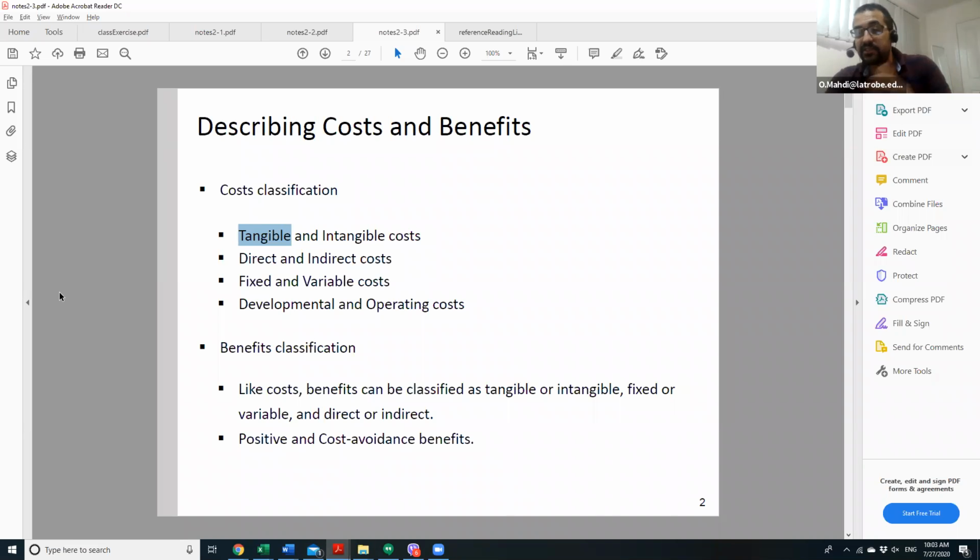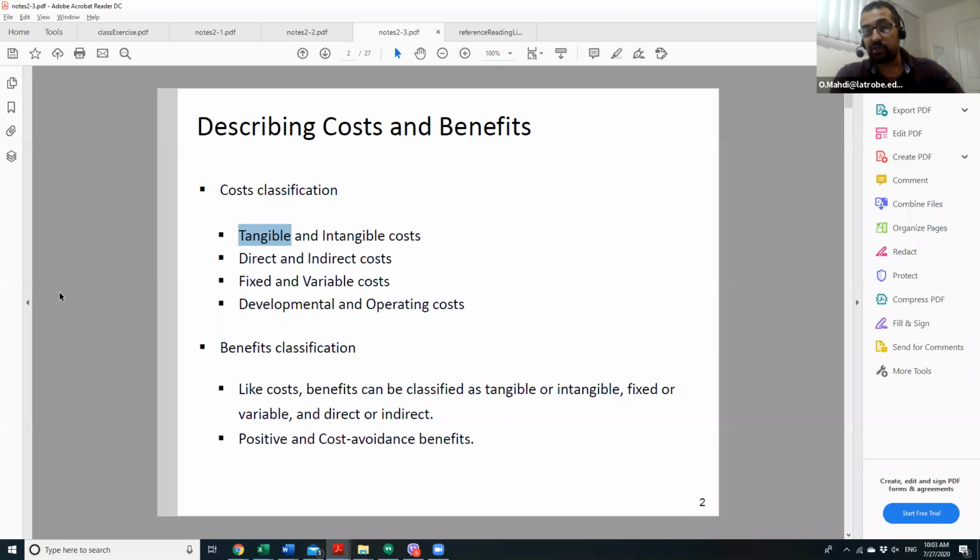Fixed and variable costs are similar to the direct and indirect development and operating costs. Of course, this relates to developing the information system and operating it. For example, you are looking for a specialist to run a special part of the information system.